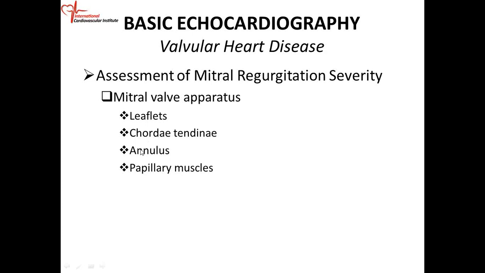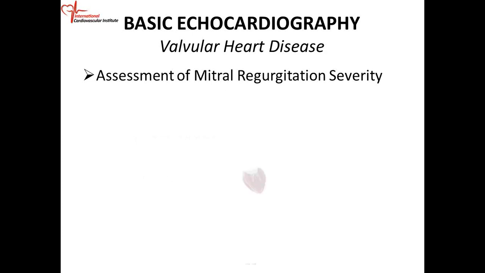The mitral annulus, which is right where the juncture of the left ventricle and the left atrium is, where the mitral valve anchors into the heart. That's the annulus. And then the papillary muscles, which are located in the left ventricle, and the chordae tendineae attached to the papillary muscles.